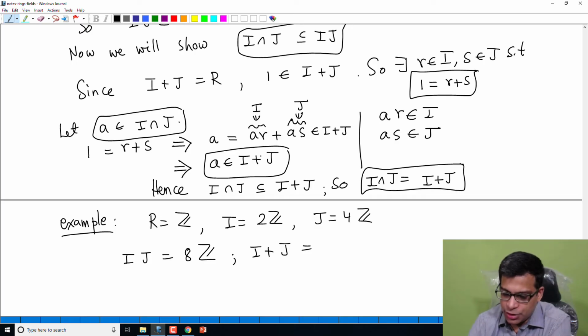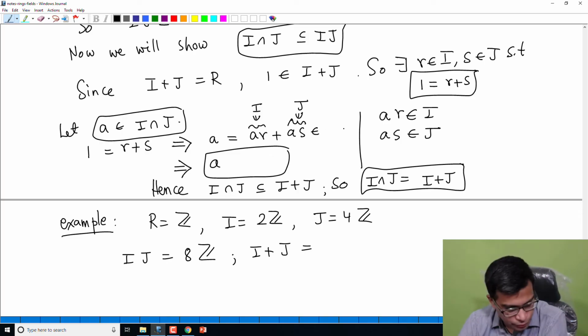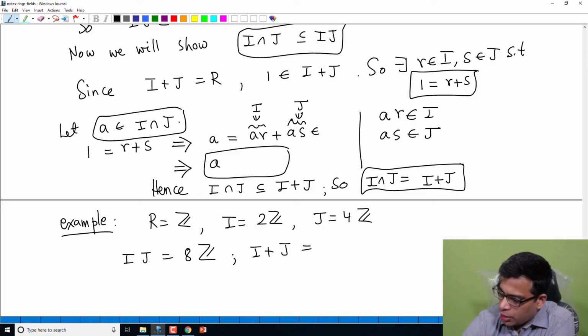I am not interested in showing that I intersection J is contained in I plus J. I plus J is R, so of course I intersection J is contained in I plus J. What I want is A is contained in IJ. So what I want is A is contained in I intersection J.